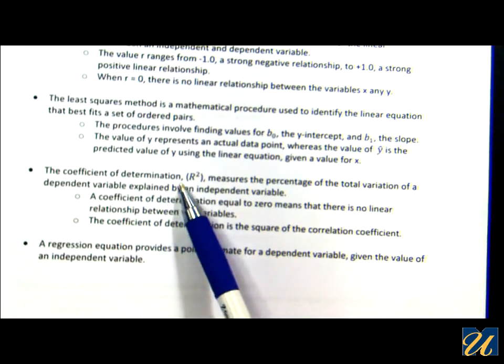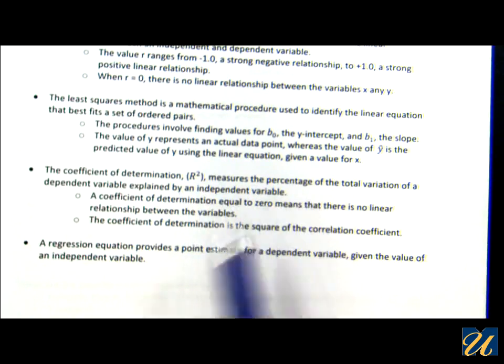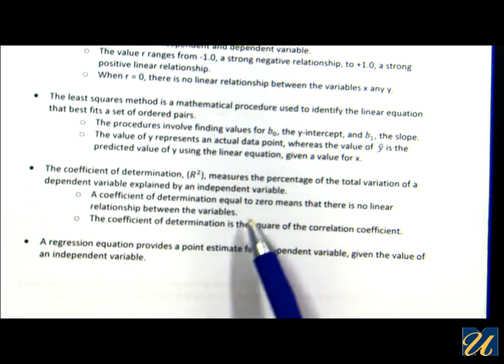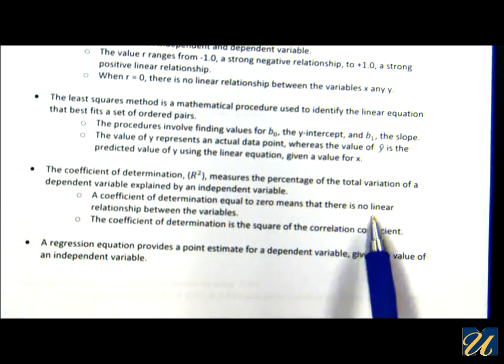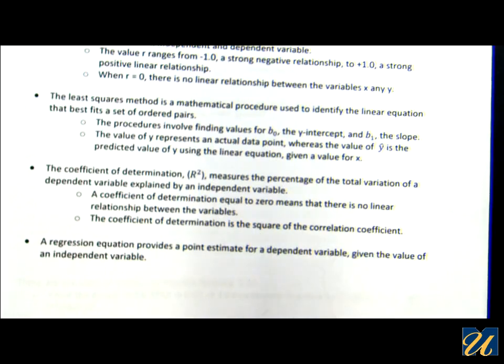The coefficient of determination, R squared, measures the percentage of the total variation of a dependent variable explained by an independent variable. A coefficient of determination equal to 0 means that there is no linear relationship between the two variables. The coefficient of determination is the square of the correlation coefficient.